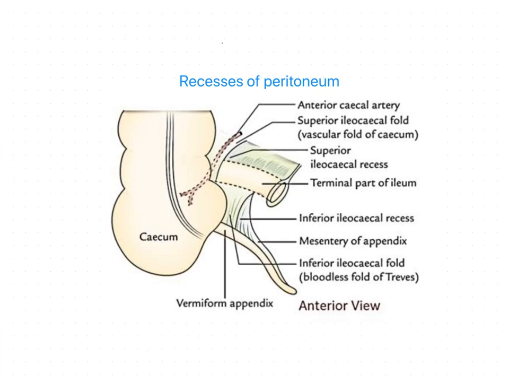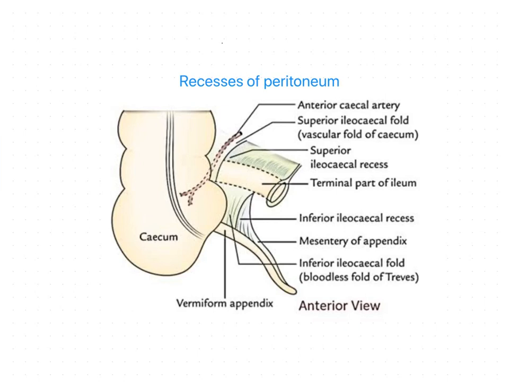There are a number of recesses present. Some examples are the duodenal recesses, cecal or ileocecal recesses, and recesses of the sigmoid mesocolon. Like that, there are a number of recesses inside the peritoneum.